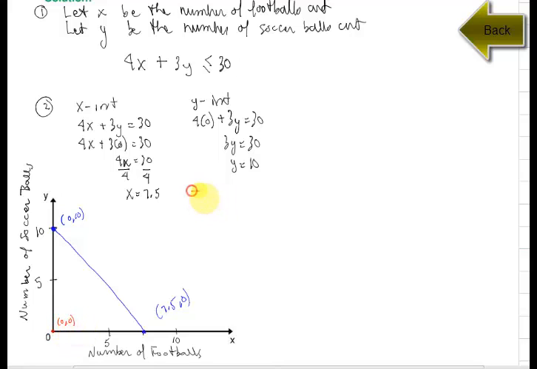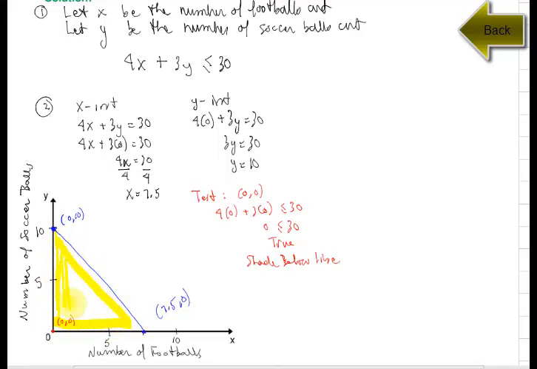So I'm going to test with 0, 0. And so I'm going to go 4 times 0 plus 3 times 0 is less than or equal to 30. So 0 is less than or equal to 30. And that's true, right? Because 0 is less than 30. So that means shade below the line.